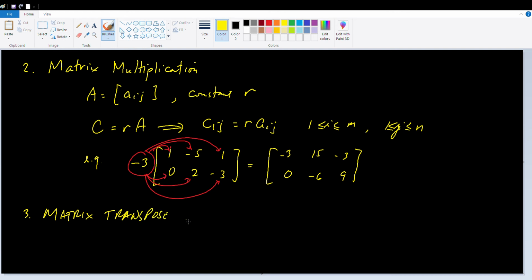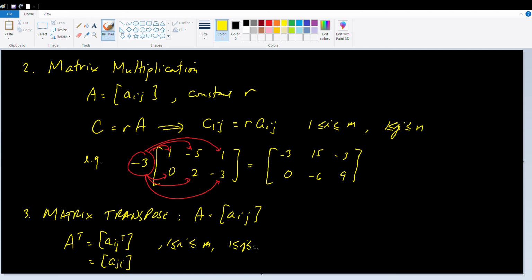We are given matrix A equal to Aij. The transpose of matrix A is equal to Aij transpose, equal to Aji, for i from 1 to m and j from 1 to n.